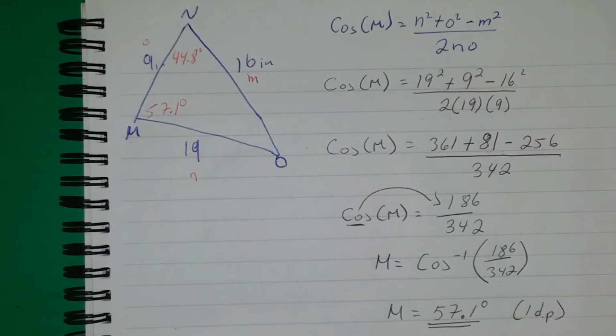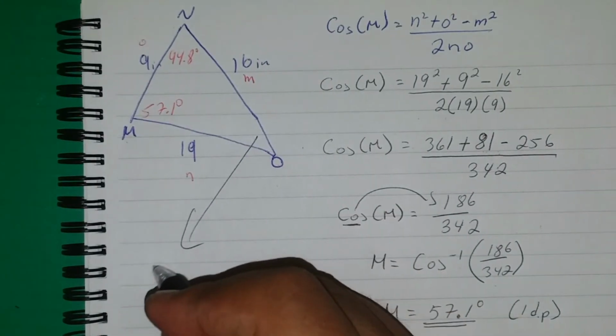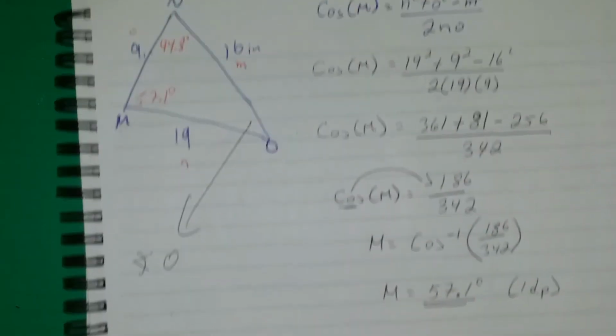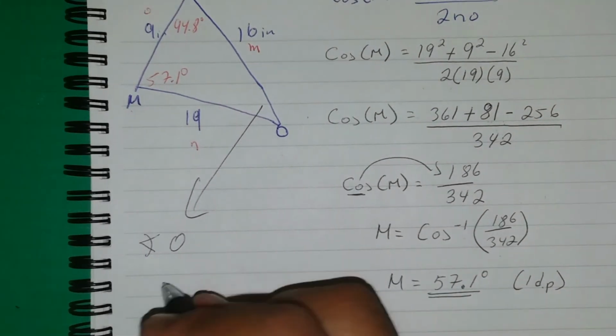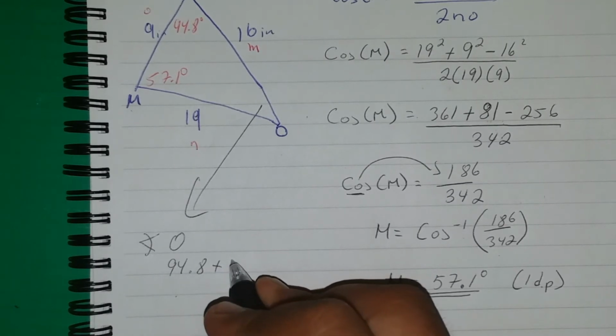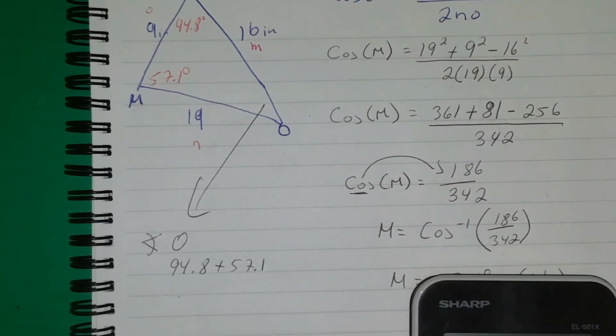Now, how could I get the last angle? Very easy. So angle O, we're going to say, alright, we add those two, 94.8 plus 57.1, and then the answer that we get, we subtract it from 180. Why 180? Because we know that the sum of the interior of the three angles must equal 180.